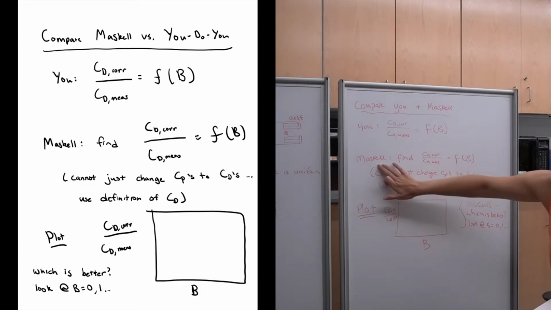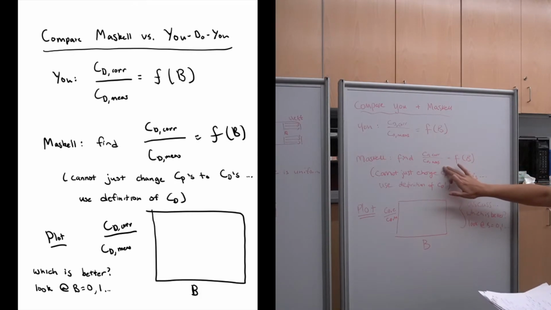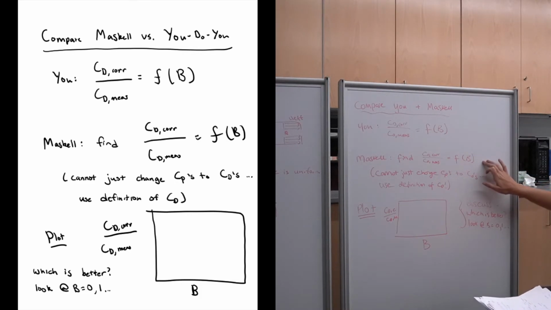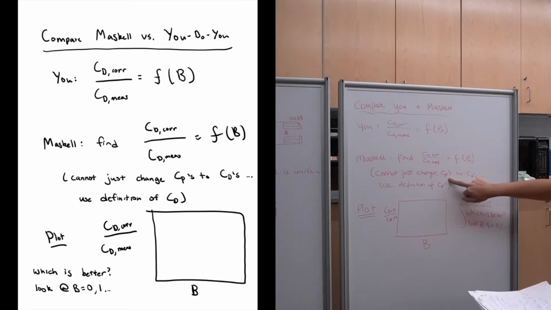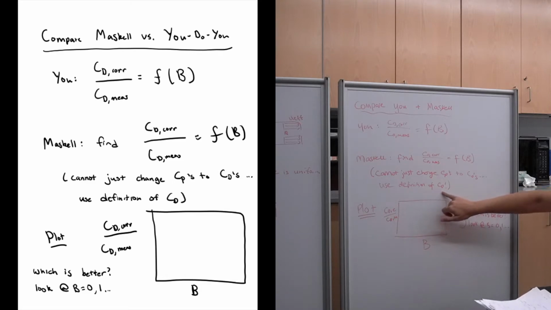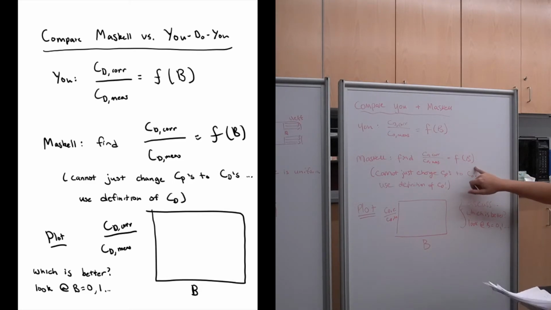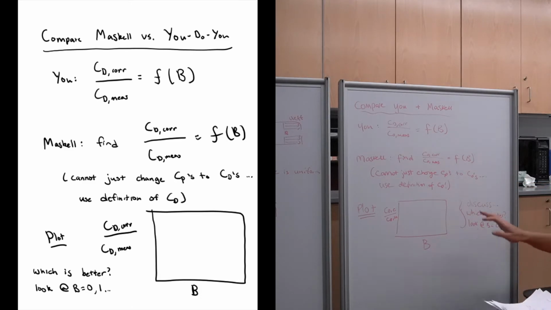Using Maskell's equation that we saw previously, we can also find CD corrected divided by CD measured as a function of b. I just want to point out that you can't just change all the CP's in Maskell's equation to be CD's. Make sure you actually use the definition of CD to come up with this expression for CD corrected over CD measured as a function of b for Maskell.